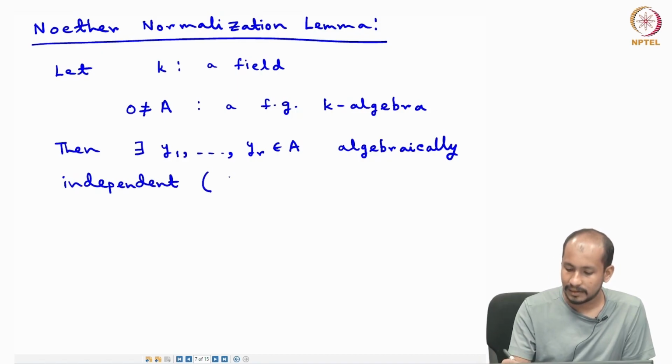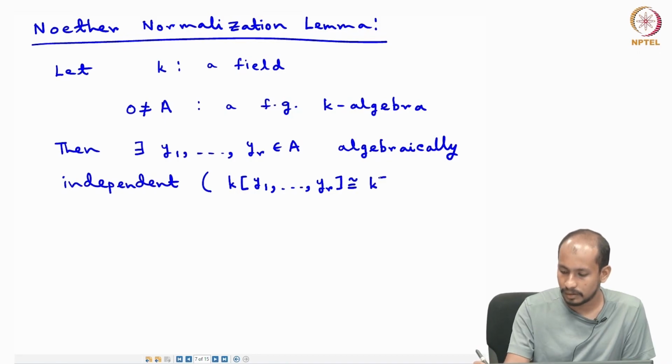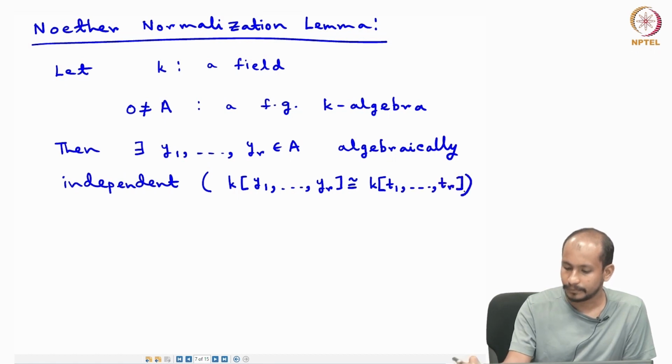It means that the K algebra generated by these elements y1 up to yr is isomorphic to the polynomial algebra in r variables. So, it means this.